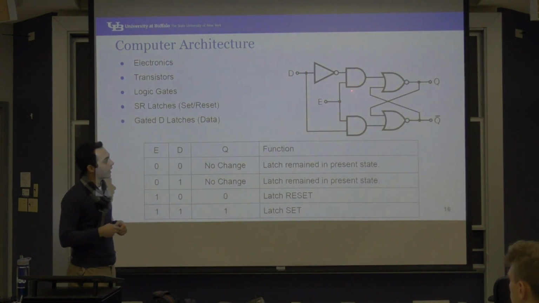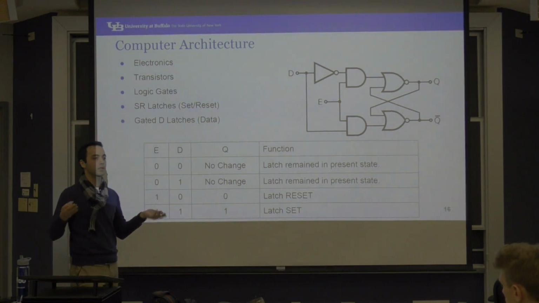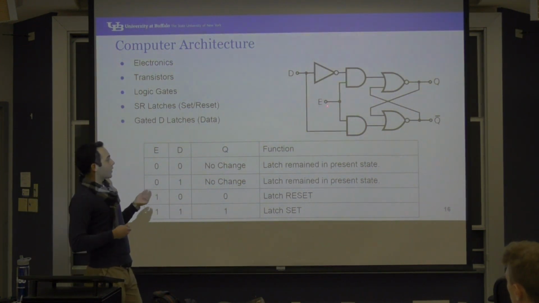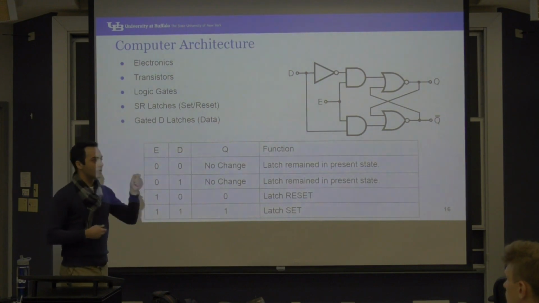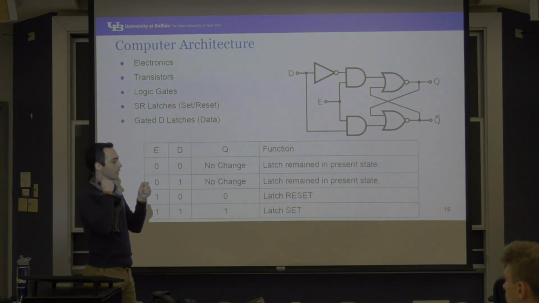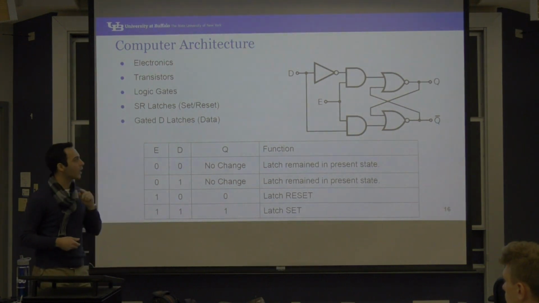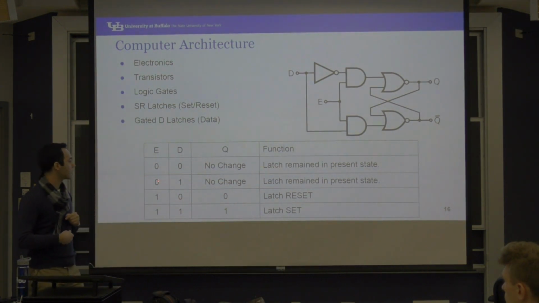Because as you can see, this is an AND, this is an AND, so if the gate is 0, this and this will be 0, so it will be a 0, 0 SR latch, nothing changes. So you have a control of the gate, and as long as the gate is open, whatever data comes, it goes through, and then if you close the gate, nothing will change it, right?